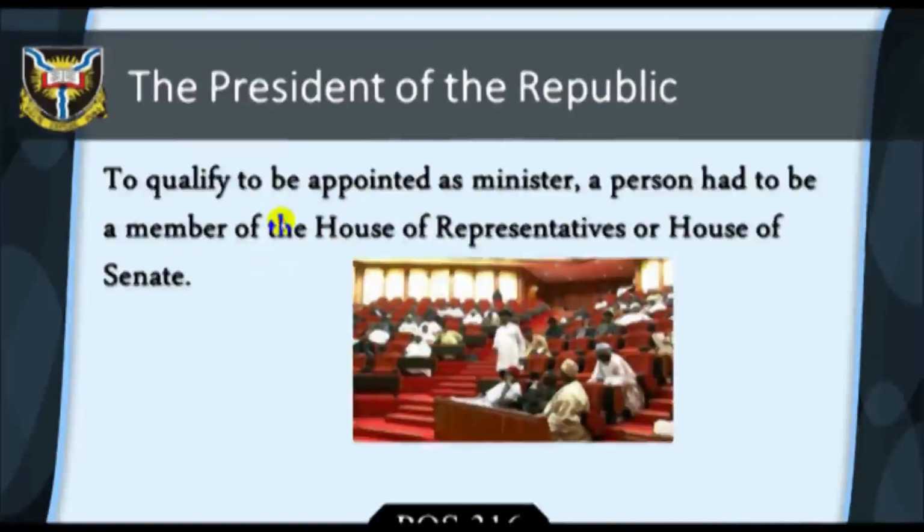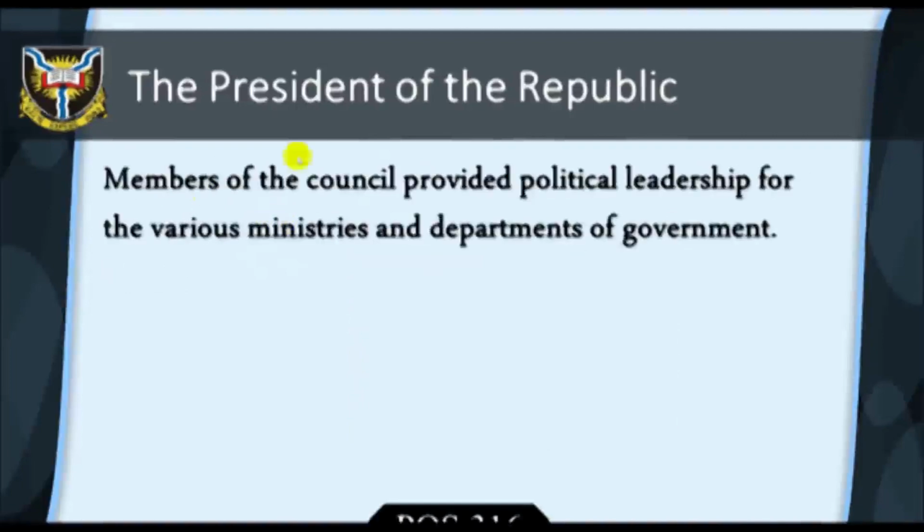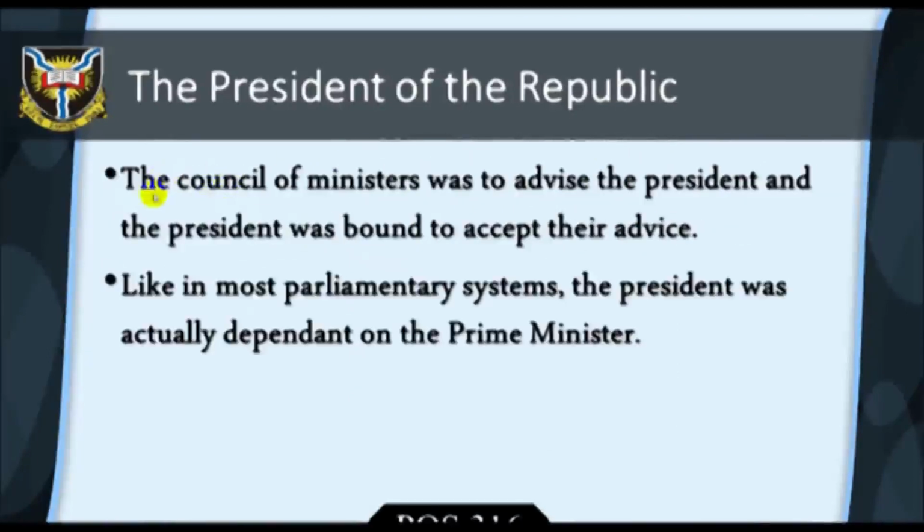Like the legislature, the tenure of the Council of Ministers was 5 years. Members of the Council provided political leadership for the various ministries and departments of government. One of the members was required to have a minimum of 10 years post-call experience of holding a law degree. He required special qualification. This was the Attorney General.